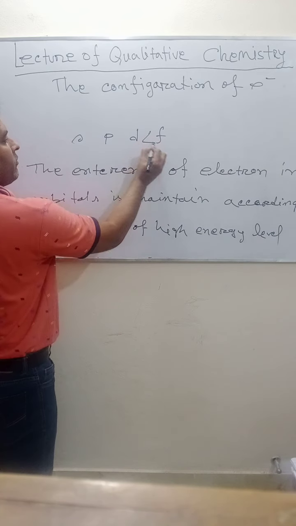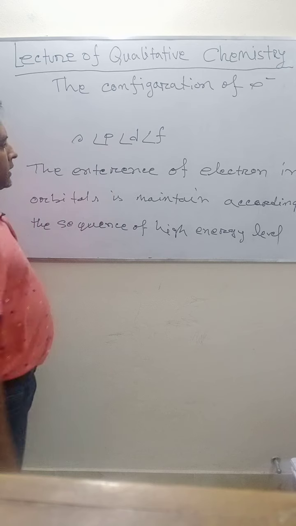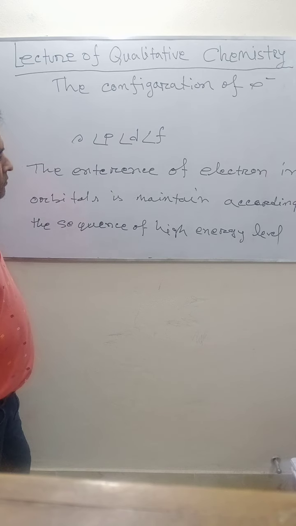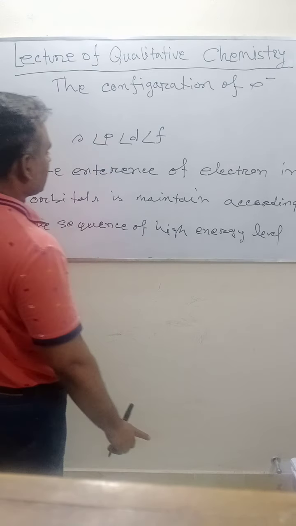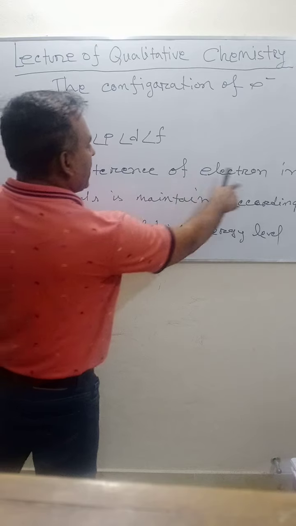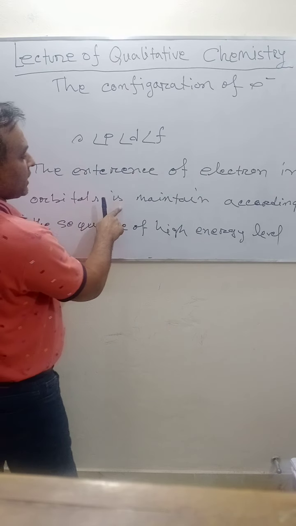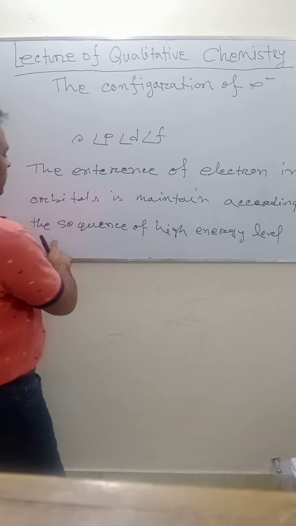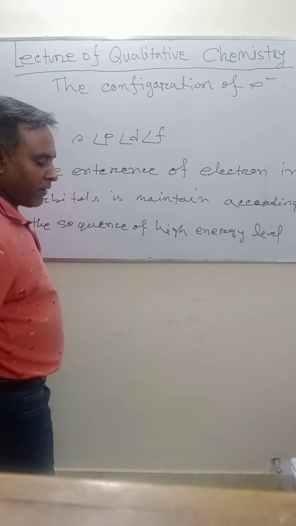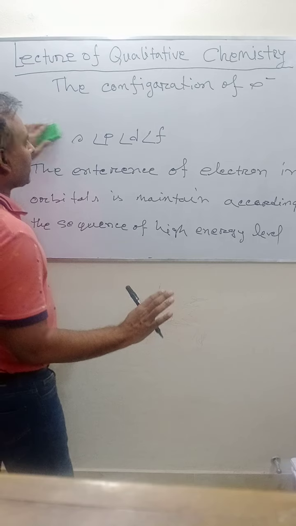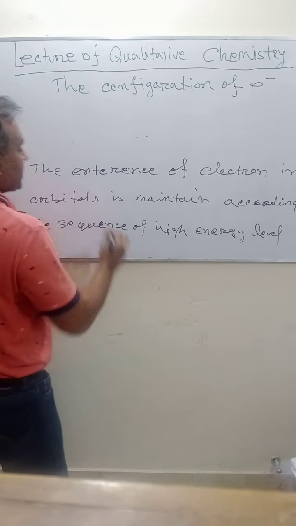That means s, p, d, f, like this. Okay. Clear? The entrance of electrons in the orbitals is maintained according to the sequence of energy level. It will be very clear after a few minutes.